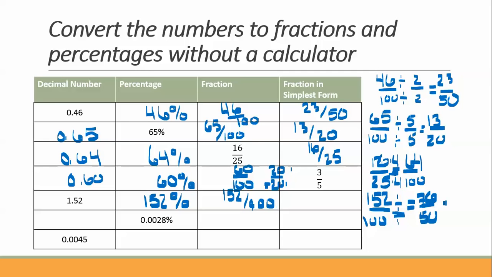So let's divide them both by 2 again. And we get 38 over 25. That is simplest form, so then we have 38 over 25.